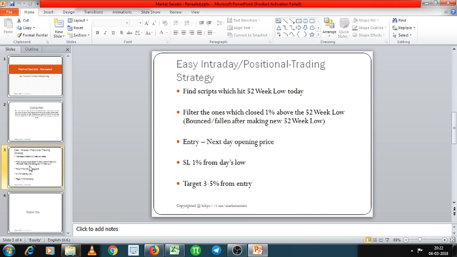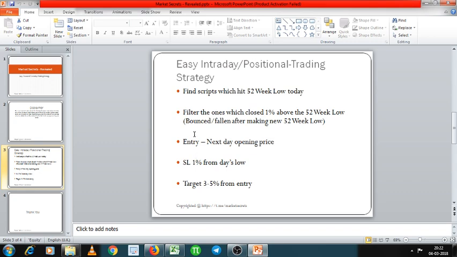But you can make money with this strategy using intraday as well. When you move to intraday, in general, your targets and stop loss should be 1% from your entry level. It is not 1% from the new 52-week low.